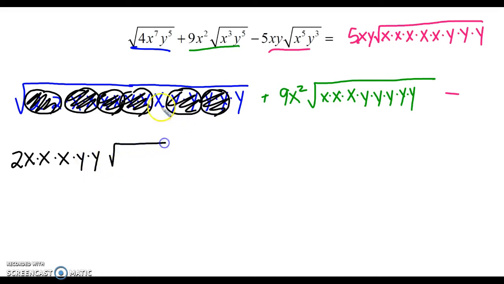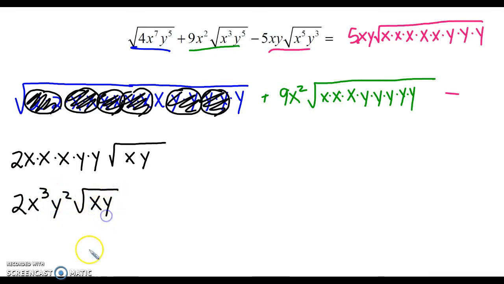And under the radical sign, we're left with an xy. And simplifying the front end, 2x to the 1, 2, 3 power, y squared, the square root of xy. All right, that's the first one.